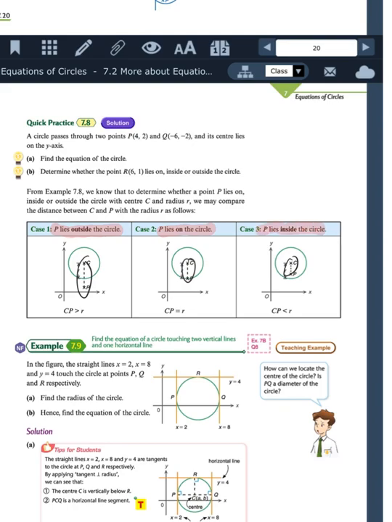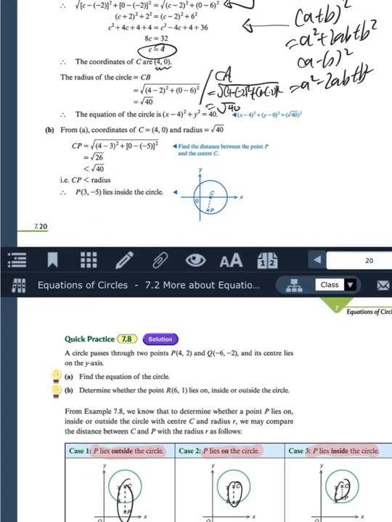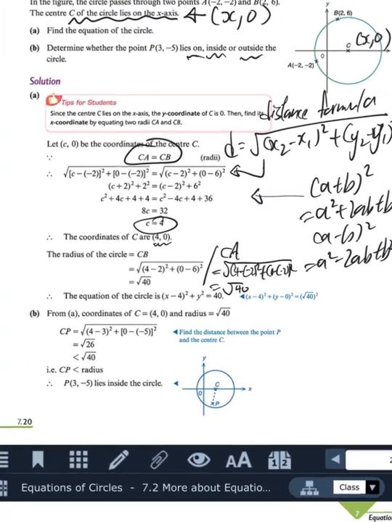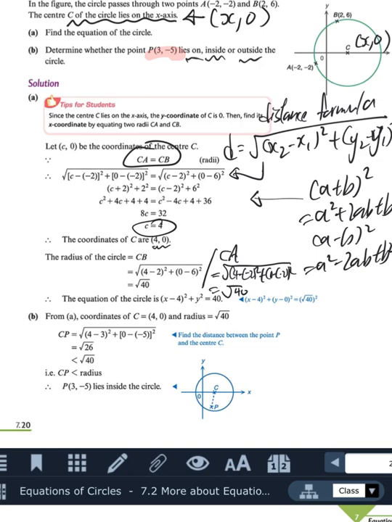Under this definition, you can check the location of point P (3, 5). Then you need to find the distance between the center C and the point P, using the distance formula, which is root 26. Compare with the radius, root 40. Of course, root 26 is less than root 40.